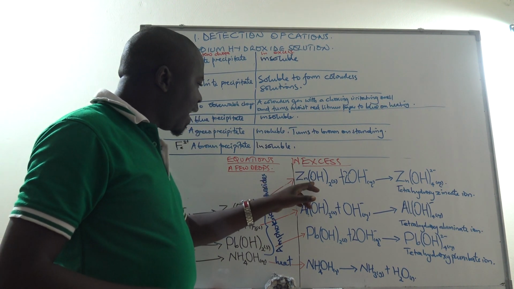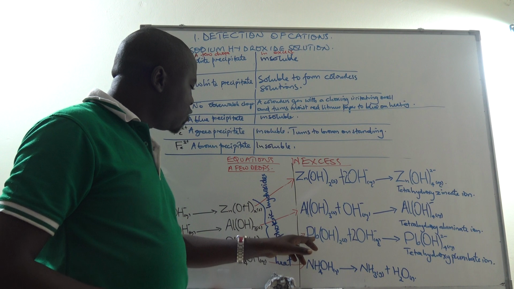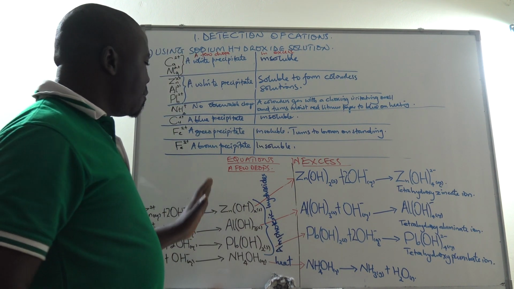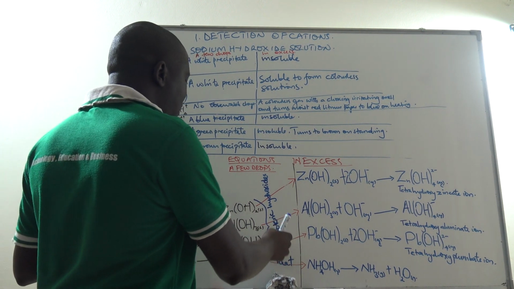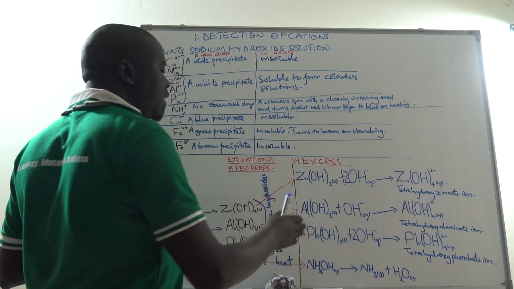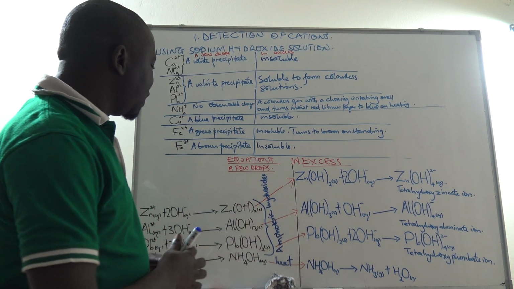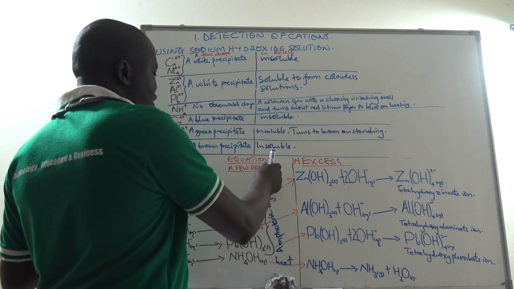So the zinc hydroxide, aluminum hydroxide, lead 2 hydroxide formed as white precipitates, as we have said, they are able to react with the excess sodium hydroxide solution. The fact that they have that amphoteric nature, so they are the amphoteric hydroxides.